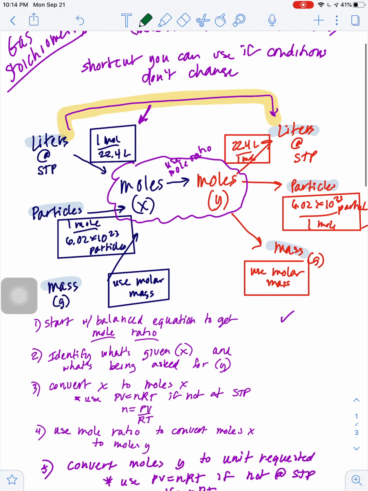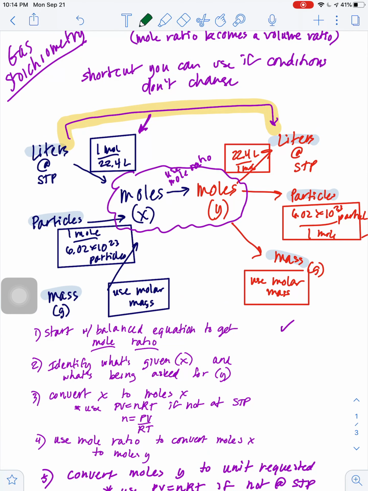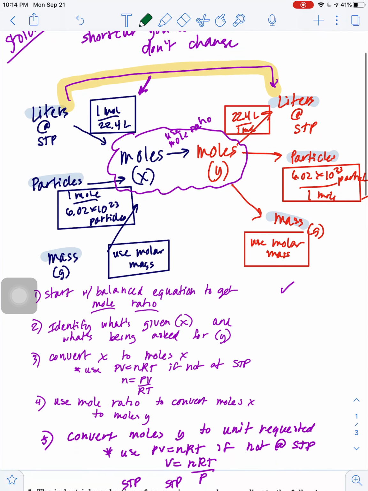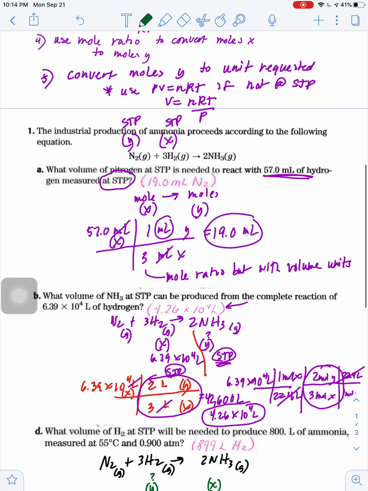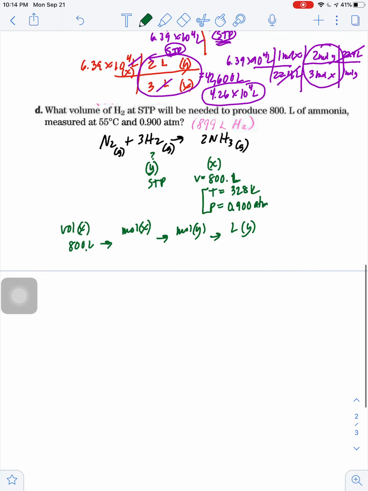Okay, so we are not at STP at the beginning, right? No. So we have a problem. We can't use 22.4 liters per mole unless we're at STP. So we need an alternative, and the alternative is going to be to use the ideal gas law. The ideal gas law, PV equals nRT, can be solved for moles.